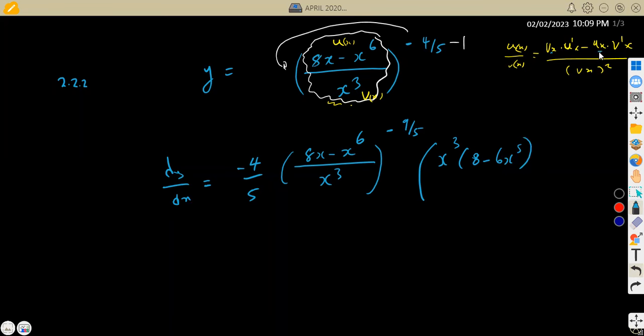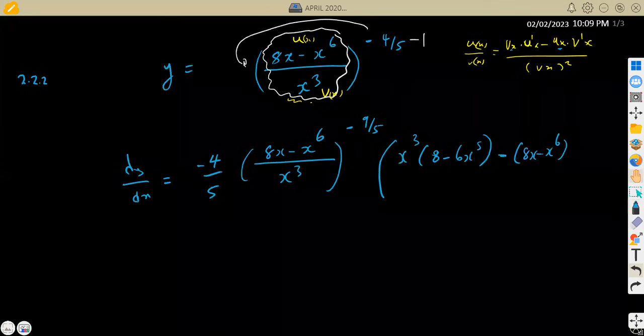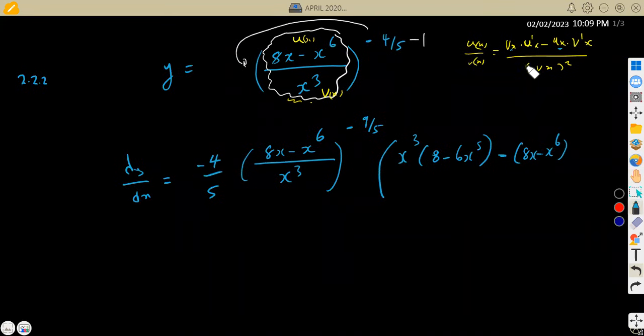Then we've got minus u(x), which is this bracket of 8x minus x to the exponent of 6, by the first derivative of v, which is v prime. So we find the first derivative of x to the exponent of 3, which is 3x squared.